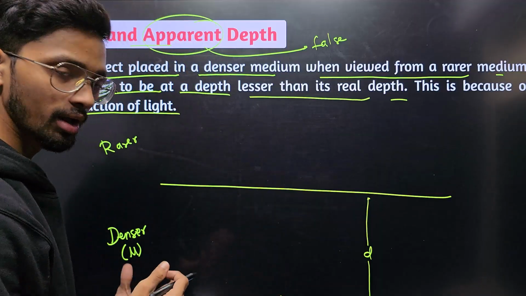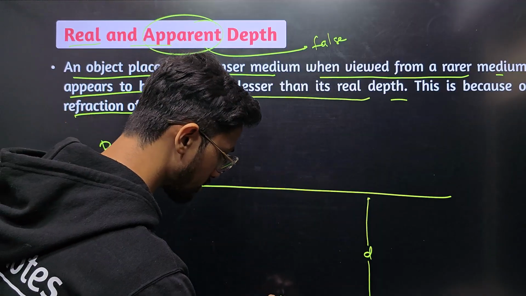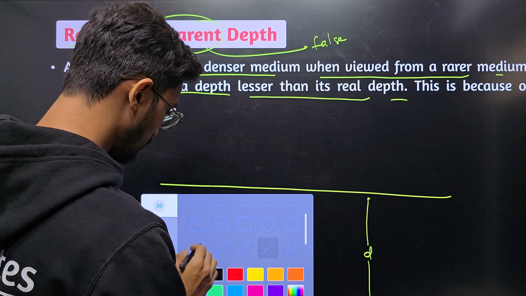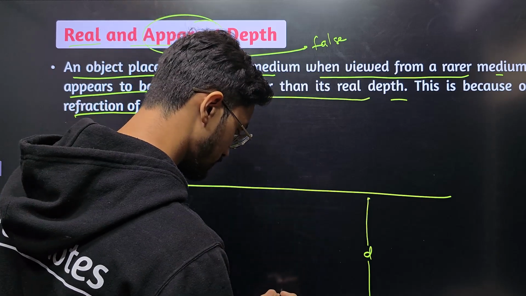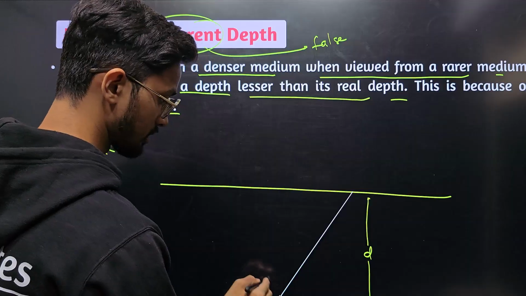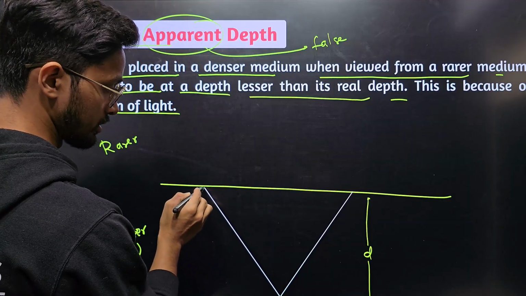There will be some rays coming out from this object. These are the rays. Let us consider two rays are coming out like this.